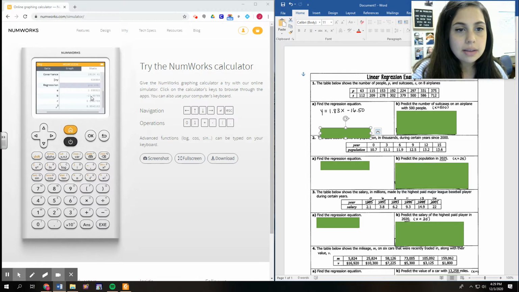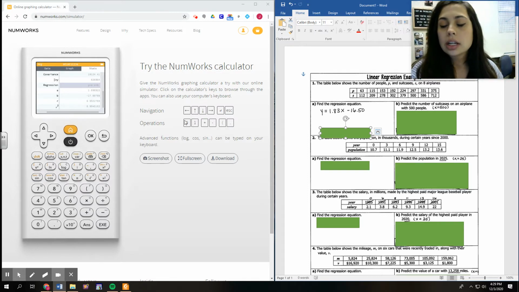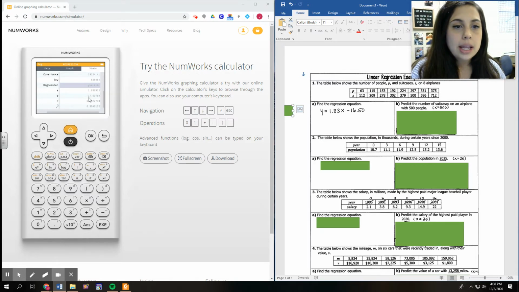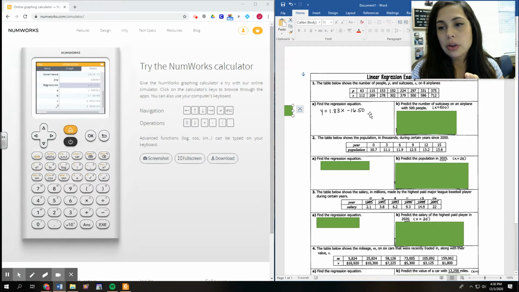This one says negative 17. With different graphing calculators it might look a little bit different, but these numbers should be fairly similar. If you use this graphing calculator, it might give you a different number than whoever wrote this answer key.